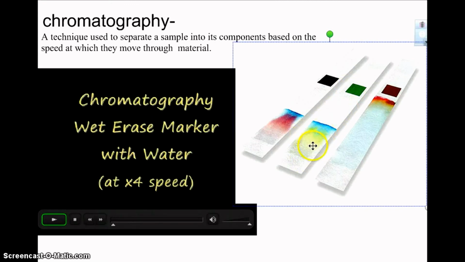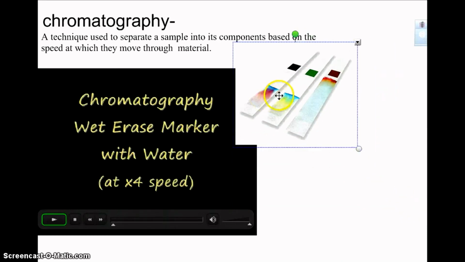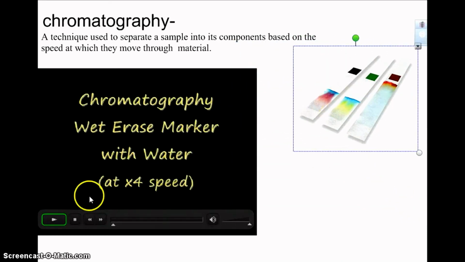We can see that yellow moved the fastest, that light green color was medium speed, and the blue stayed in there the longest. So it allows us to see what this color ink is made of. It's kind of cool.